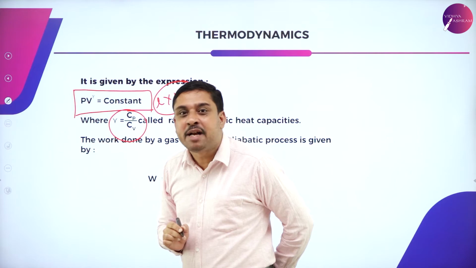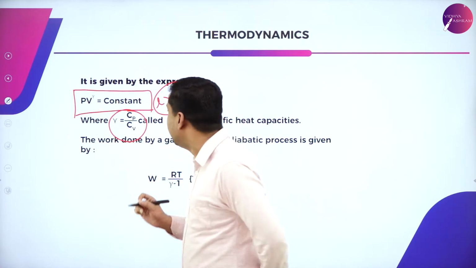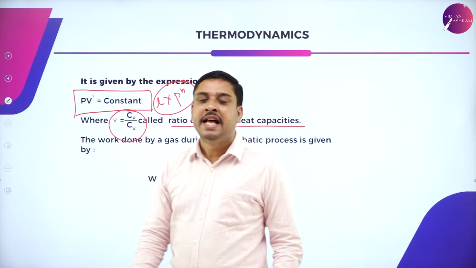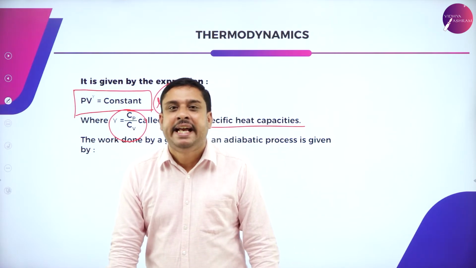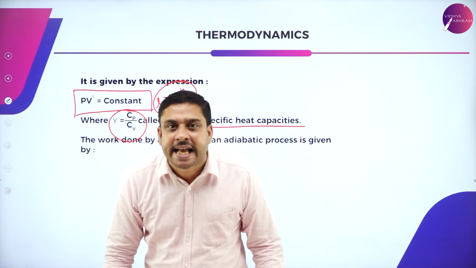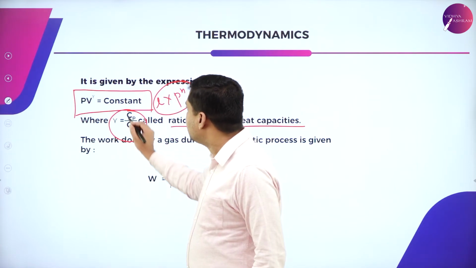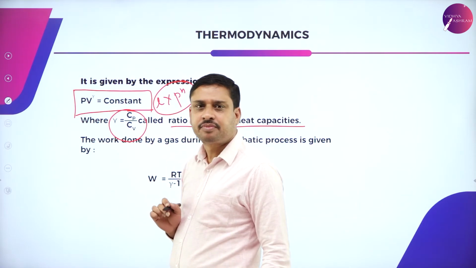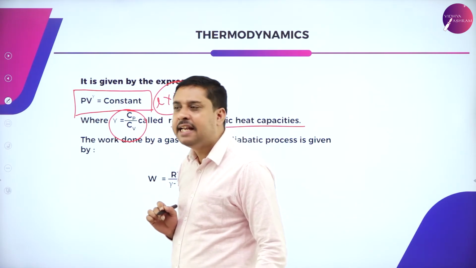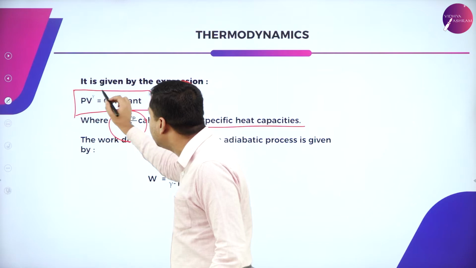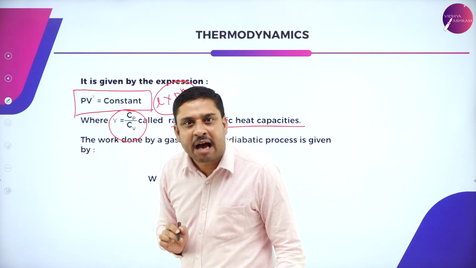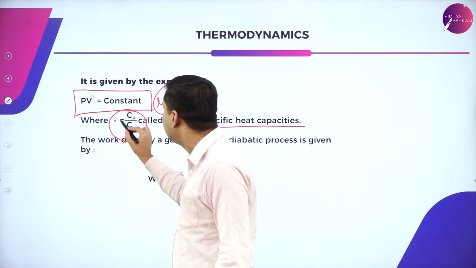Cp divided by Cv is called the ratio of the specific heat capacities. So, an adiabatic process is defined by the equation PV to the power gamma is constant.